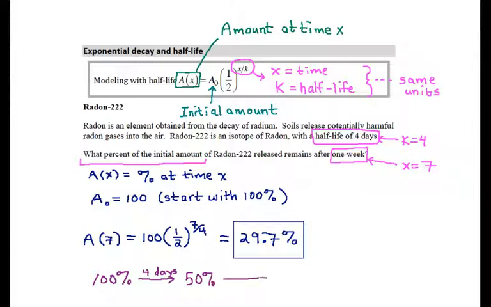After another half-life, which is another 4 days, we should be down to half again, which is now 25%. So after 8 days total, we're down to 25% of the initial amount. It makes sense that after 7 days, we would be down to not quite that low, somewhere between 50% and 25%. So our 29.7% seems quite reasonable in this context.